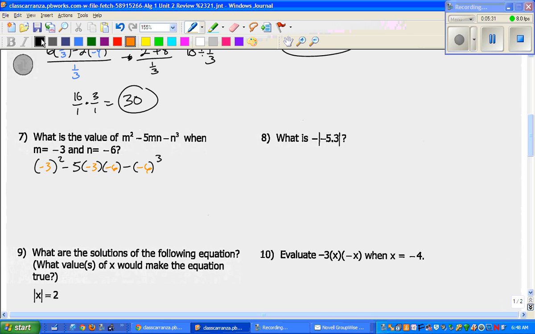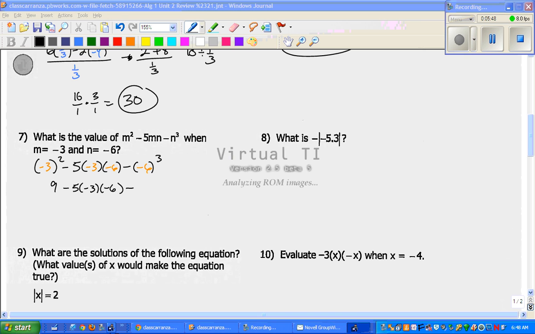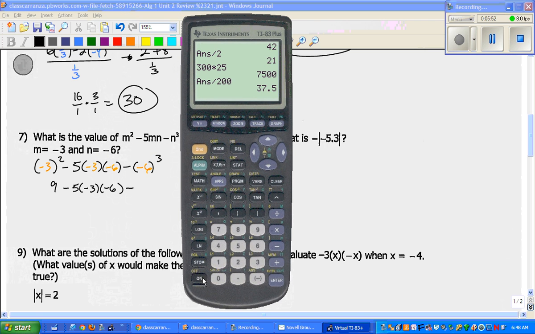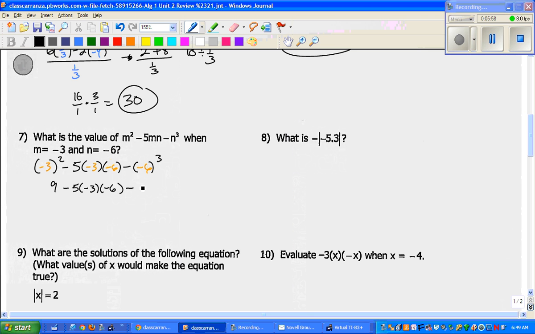Okay, so we have to do exponents first, so -3 squared gives us 9. We're going to save this next. And -6 to the third power, I'm going to load up my calculator real quick. All right, so that's -6 raised to the third power, and that gives us -216.